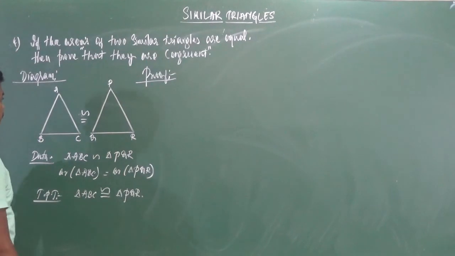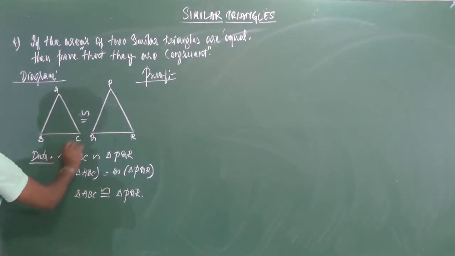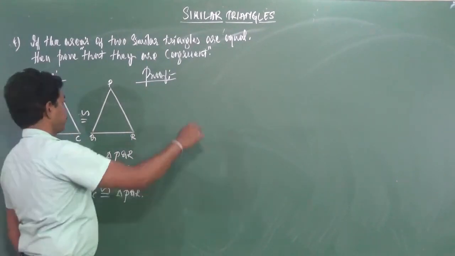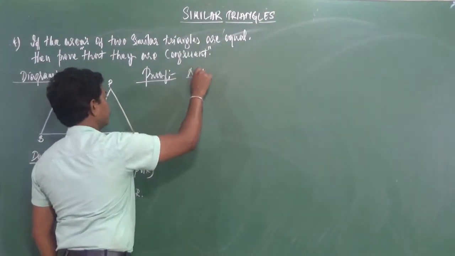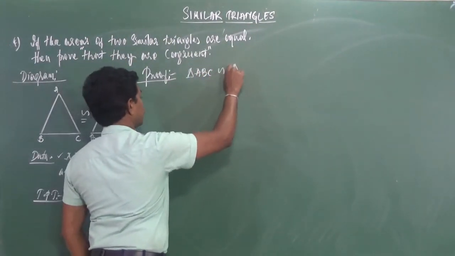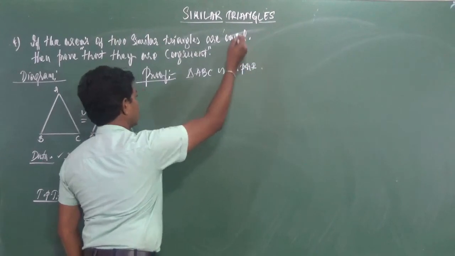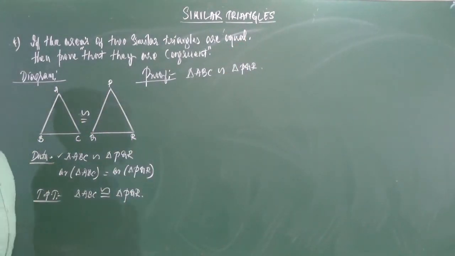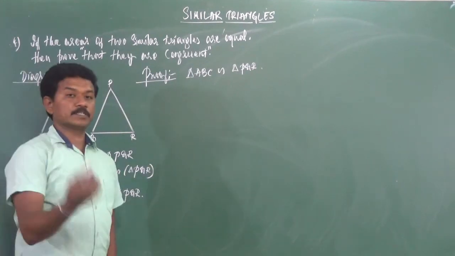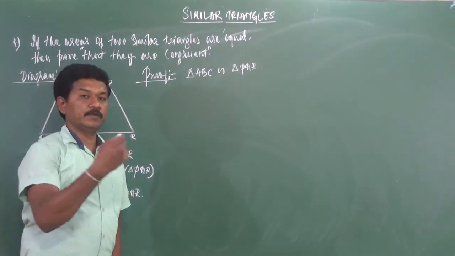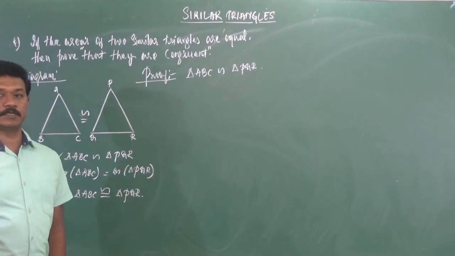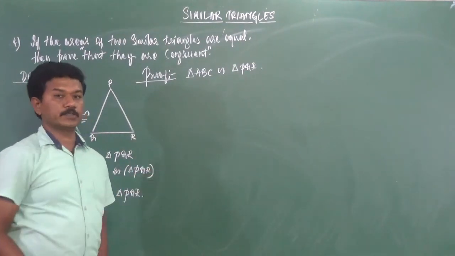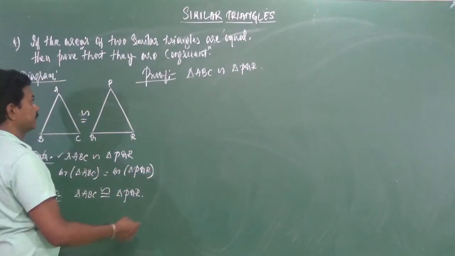Very important. Triangle ABC is similar to triangle PQR, so it is given. If 2 triangles are similar, then the areas of similar triangles will be proportional to the squares on their corresponding sides.